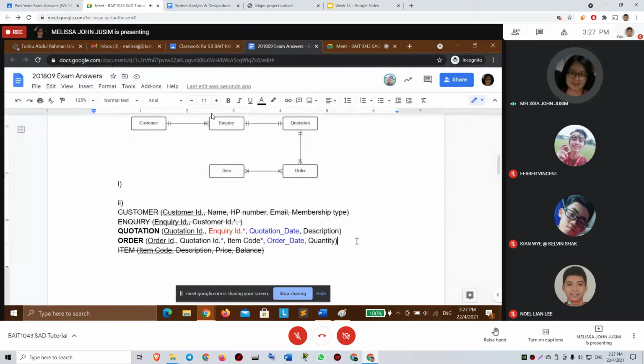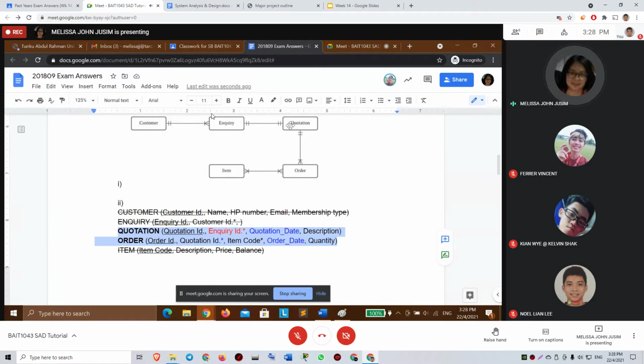Anyone would like to ask about this? So the inquiry ID we clear out? Delete the ID. You notice that inquiry and quotation is one-to-one. Unless here is one to many, then you need to add in the inquiry ID.